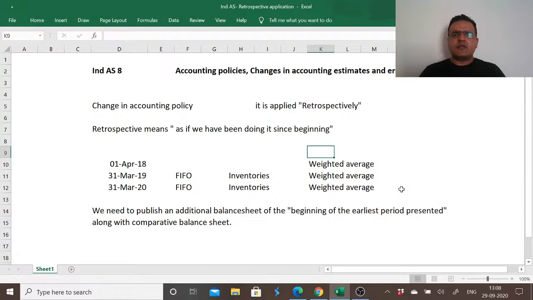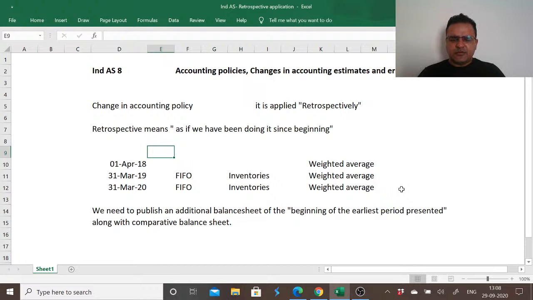And how we'll do it? We'll apply the effect retrospectively, that since beginning or as far as it is practicable to do so, we'll go back and apply the change as if we have been using weighted average since beginning.